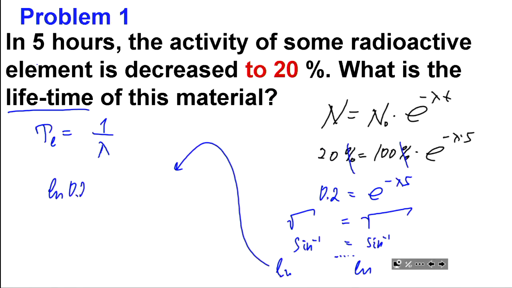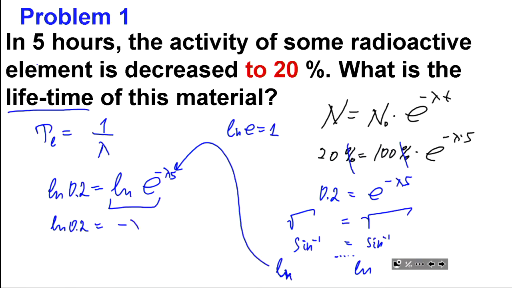Natural log of 0.2 should be equal to natural log of this. And the good thing about this, again, according to the definition of this number, the natural log of e equals 1. So these two symbols just cancel out each other, like sine and inverse sine, square and square root. So the natural logarithm of 0.2 will be equal to negative 1 times decay constant times 5 hours.